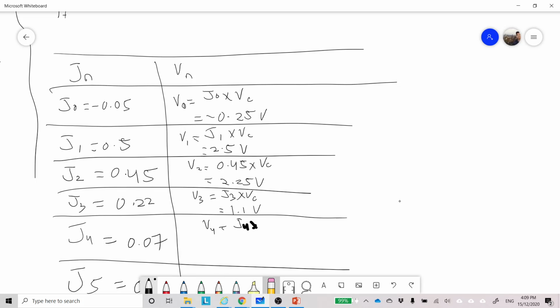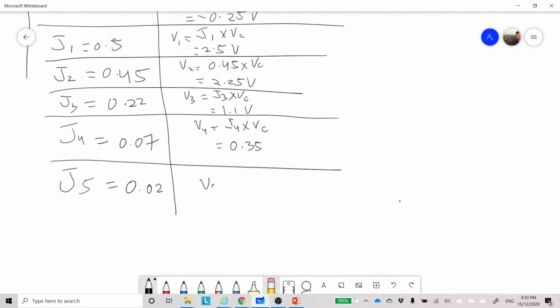So this is 0.07 multiplied with 5, 0.35. And then J5 for the V5, V5 is equal to J5 multiplied with VC. So this is equal to 0.1.